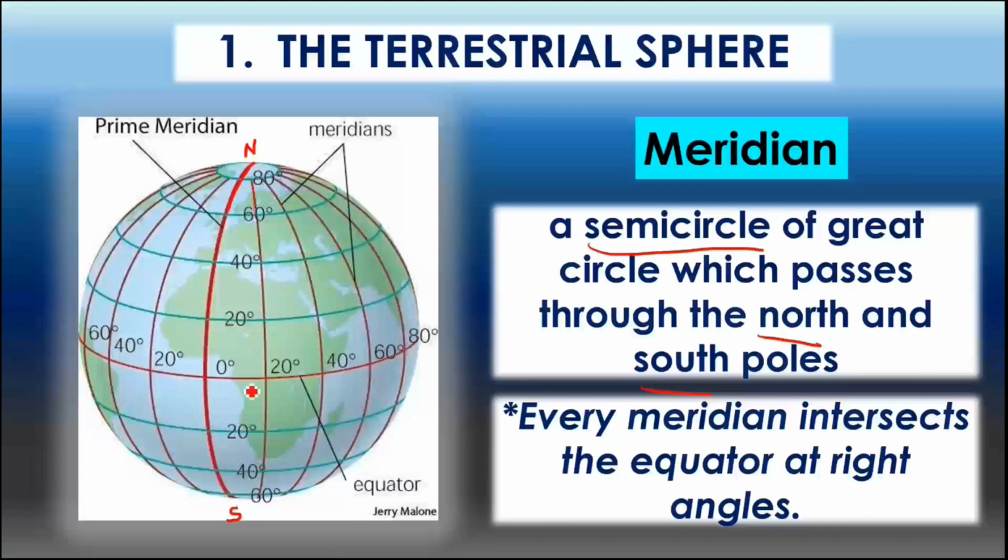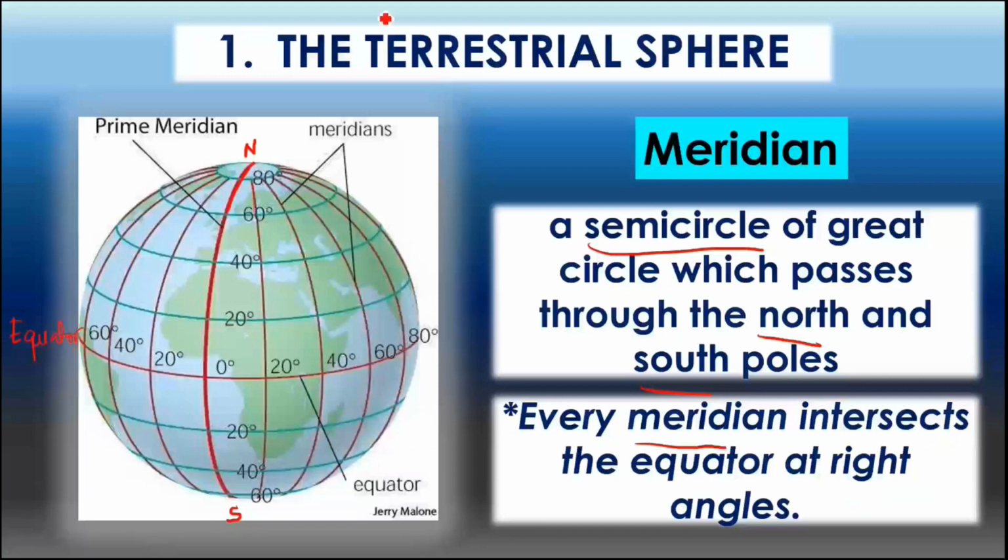If you can remember, in between the North Pole and the South Pole, we have the equator here. It is said that the meridian intersects the equator at right angle.